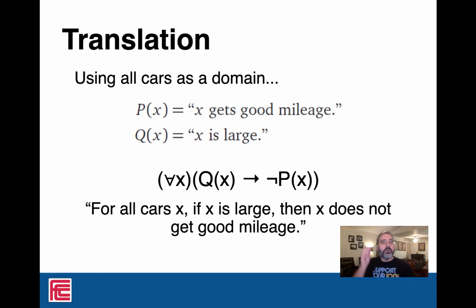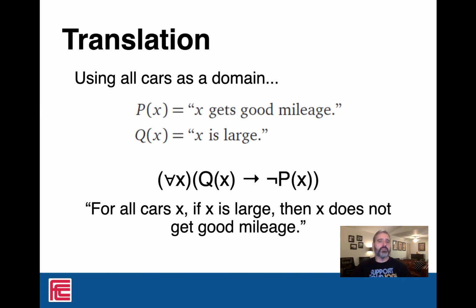So if we use all cars as the domain, we could say that P of x is x gets good mileage. Q of x is x is large, so the car is large.